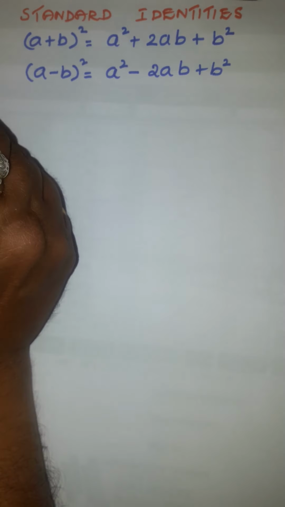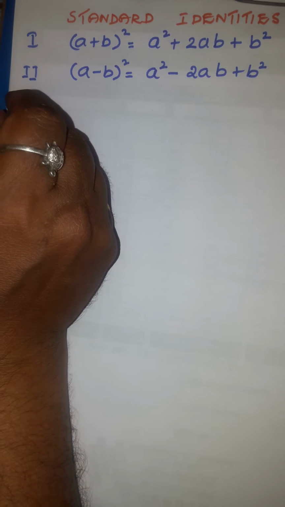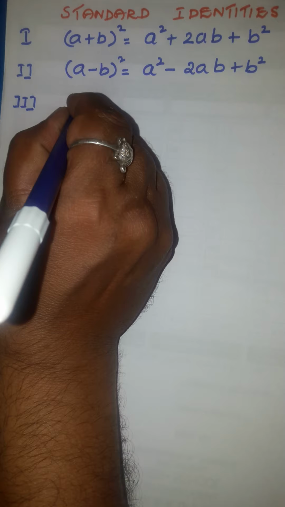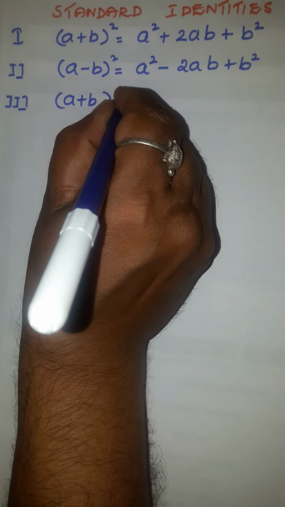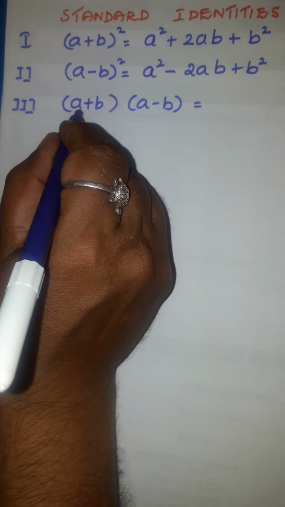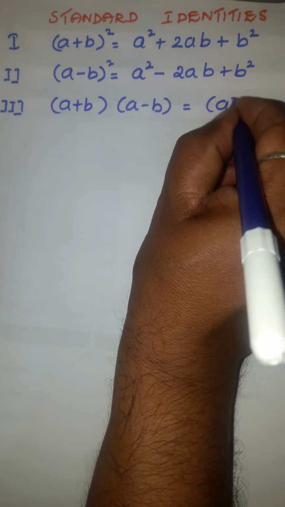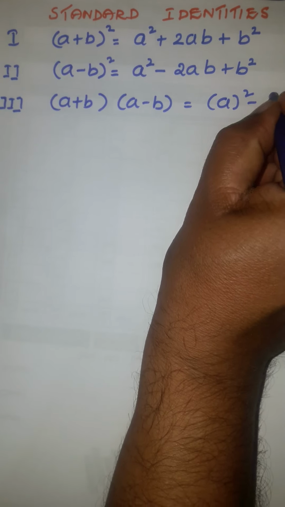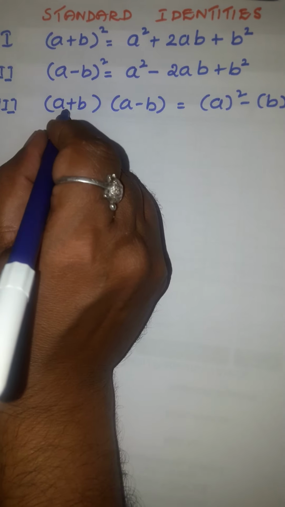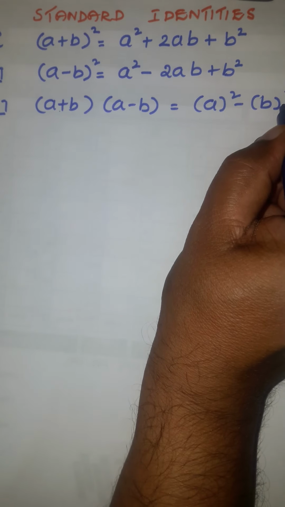This is the second standard identity. Third standard identity: a plus b into a minus b. When we multiply a plus b by a minus b, we get the square of the first term minus the square of the second term, that is a plus b into a minus b is equal to a square minus b square.